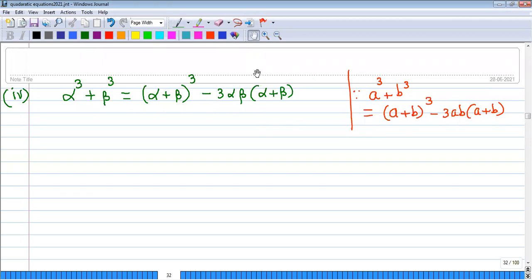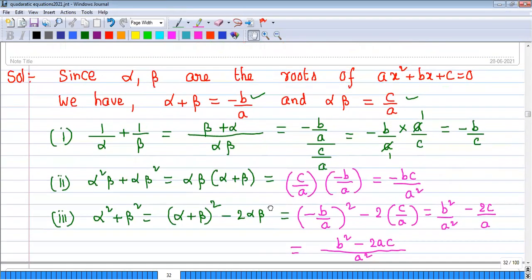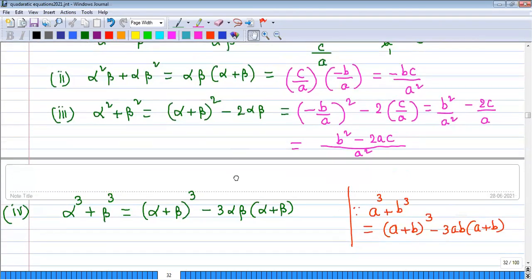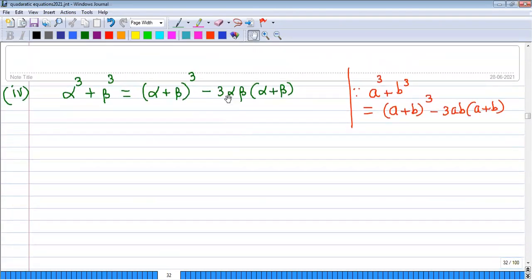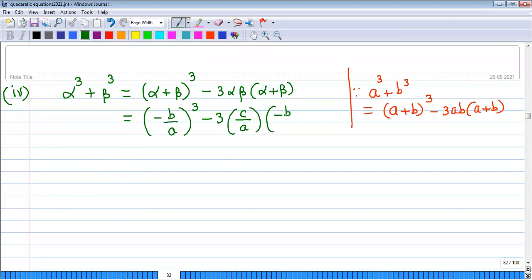So if you go to the previous page, see, alpha plus beta is equal to minus b upon a, alpha beta is equal to c upon a. Am I correct? So as far as this question is concerned, in the place of alpha plus beta, let us substitute minus b by a and whole cube is there, minus alpha beta is c by a, 3 times c upon a, alpha plus beta is minus b upon a.